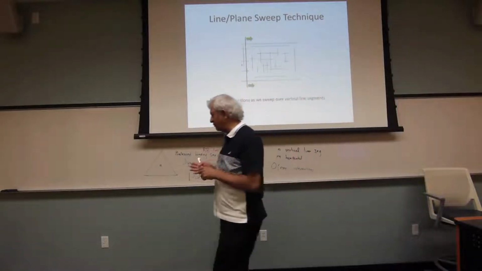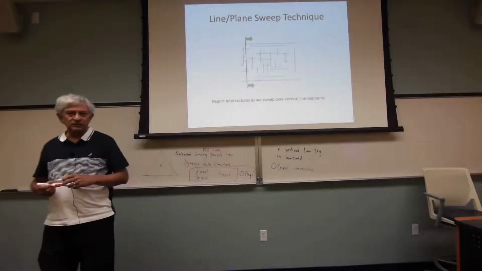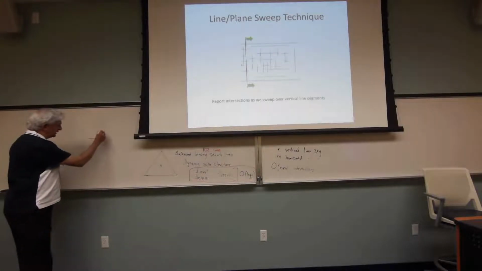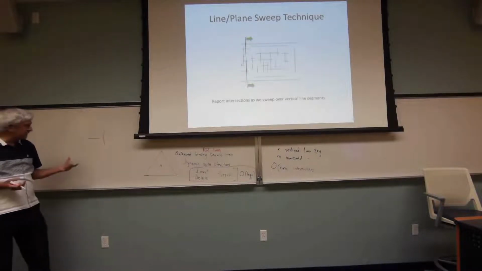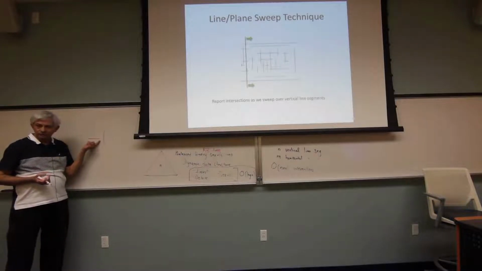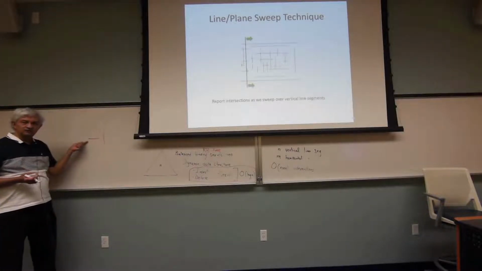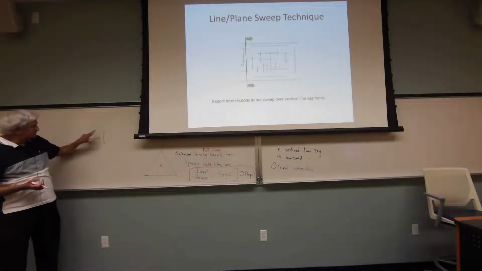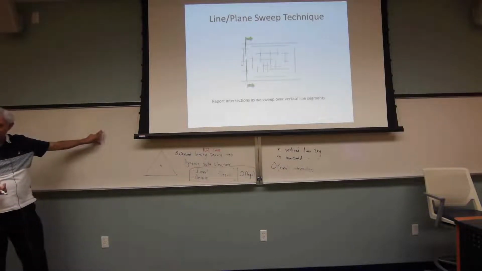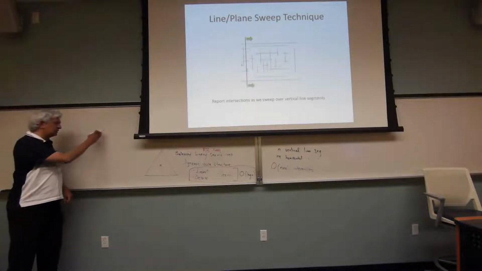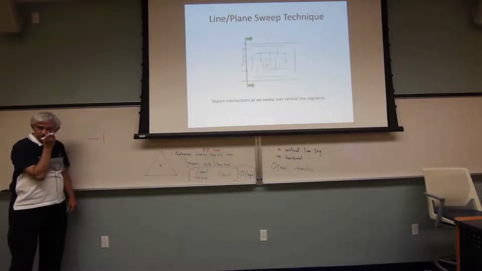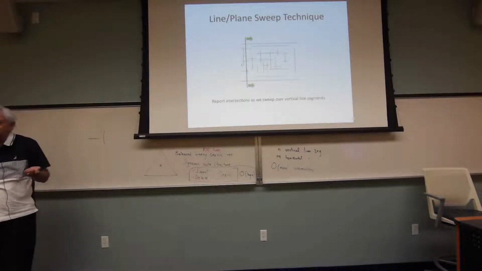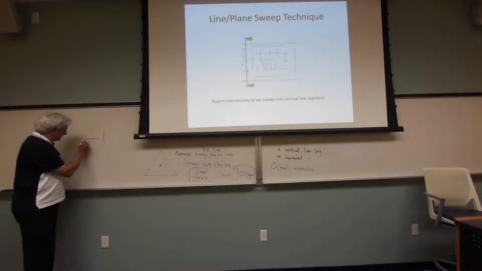It's easy to figure out whether a given horizontal line segment intersects with a given vertical line segment. How do you figure this out? Well, there are simple techniques. You have to make sure that the y-coordinate of this horizontal guy is between the y-coordinates of the endpoints of this, and you also have to make sure that the x-coordinate of this vertical line segment is between the endpoints of this. Right?